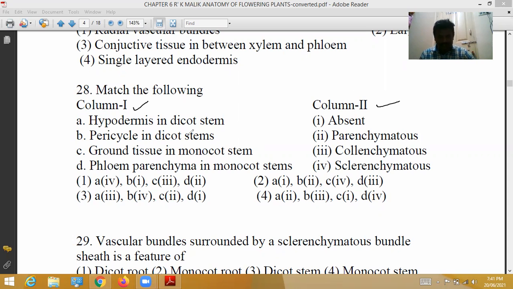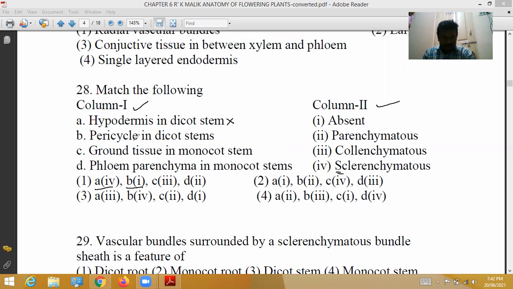Let us see A4, sclerenchymatous. Hypodermis in dicot stem is not sclerenchymatous, so it is a wrong option. It is a living tissue, maybe collenchyma or parenchymatous.